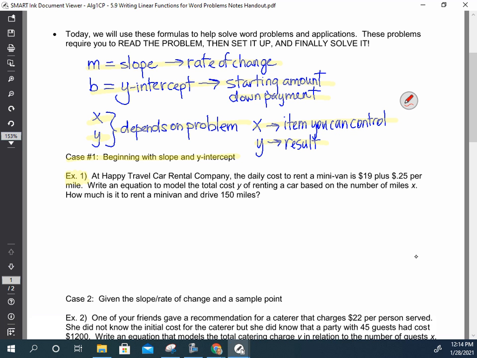So, he told you what X represents. X is the number of miles. Oops, I didn't mean to cross it out. X is the number of miles. And Y is the total cost.